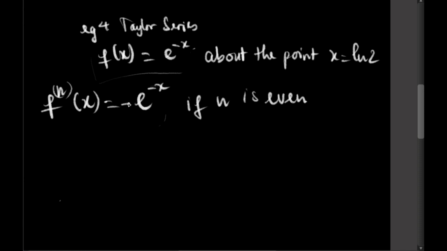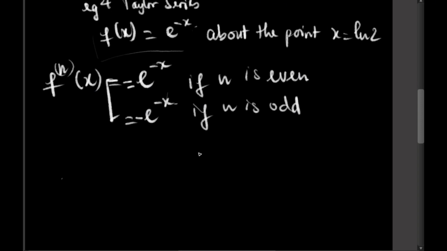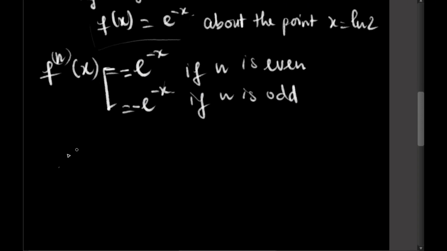And on the other hand, it is going to equal minus this value if n is odd. So let's see. Now we're going to put natural log 2 here. So this is what we have.